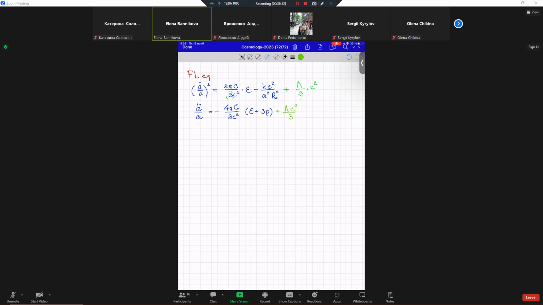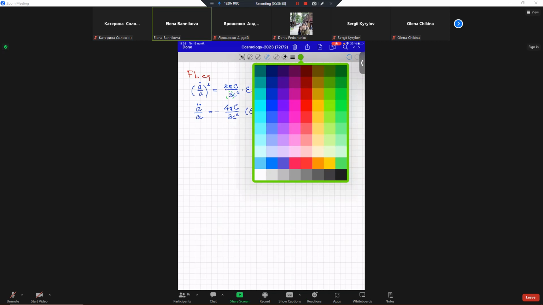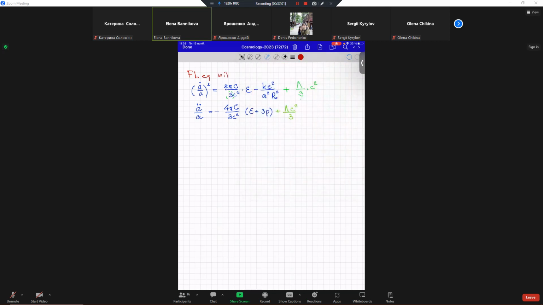Okay, for the Friedmann-Lemaitre equation, let's write here the cosmological constant term. We agreed to use for this term the letter big lambda. So when we say lambda term in the Einstein equation, immediately everybody understands what we are speaking about.